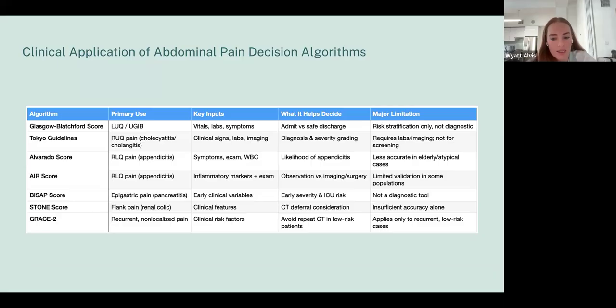And then tools like the BISAP, Stone, and GRACE scoring systems support early risk stratification or imaging decisions, but none of those are to be used standalone and they can't replace our clinical judgment. They're most effective when used specifically for their intended clinical context.